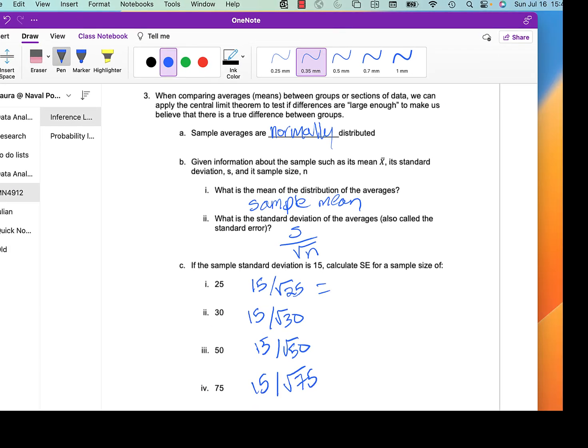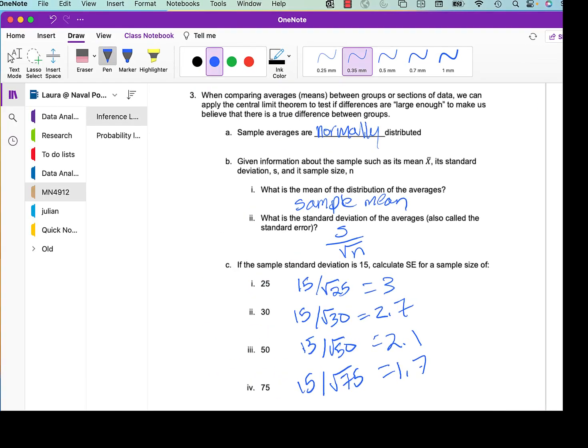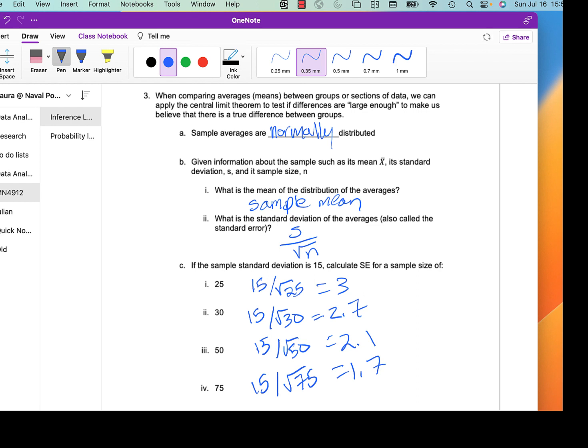That's going to be for us 3, 2.7, 2.1, and 1.7. This should help you see that as the sample size gets larger, our standard errors are going to get smaller. The variation in the sample means is driven by the amount of underlying variation, that standard deviation, the numerator here, and as the denominator grows, as we get bigger sample sizes, we should get smaller standard errors.